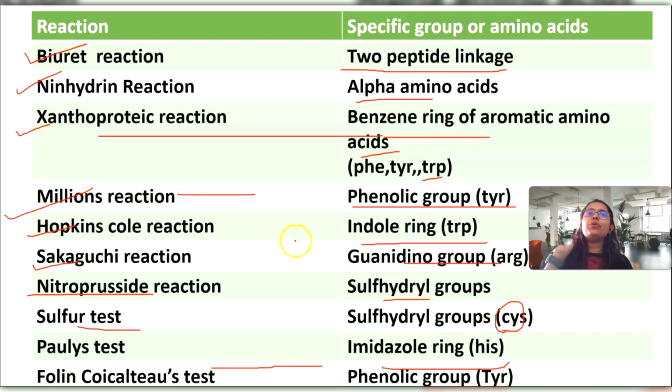These two you have to remember because you can get confused in the identification of the phenolic group. And aromatic containing amino acids can be identified with the help of the xanthoproteic reaction.